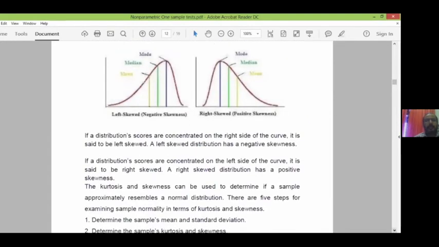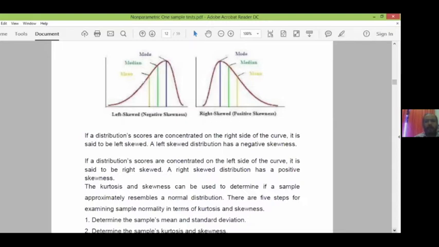Here you can see left skewed and right skewed, and mean, median, mode are also there in the picture. If the distribution scores are concentrated on the right side of the curve, it is said to be left skewed. A left skewed distribution has negative skewness, and if distribution scores are concentrated on the left side of the curve, it is said to be right skewed. A right skewed distribution has a positive skewness.